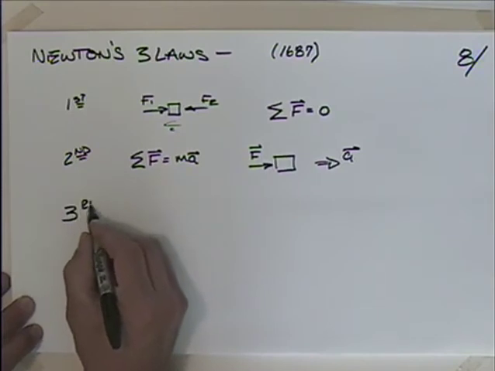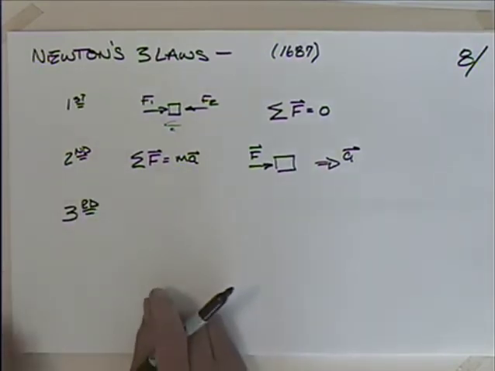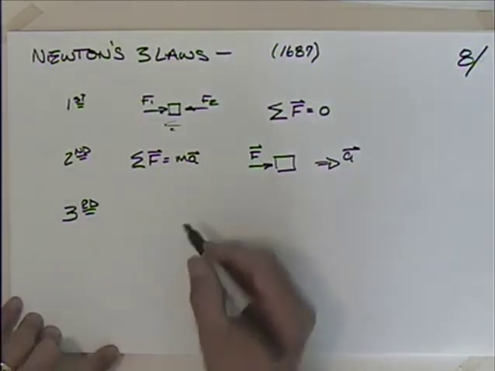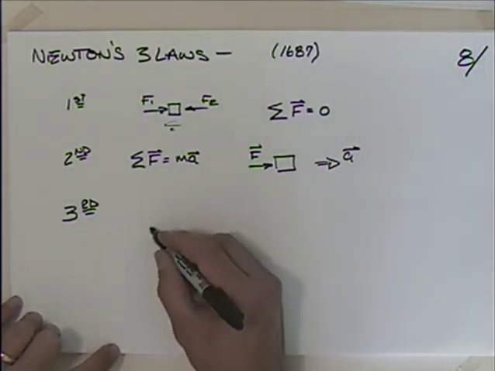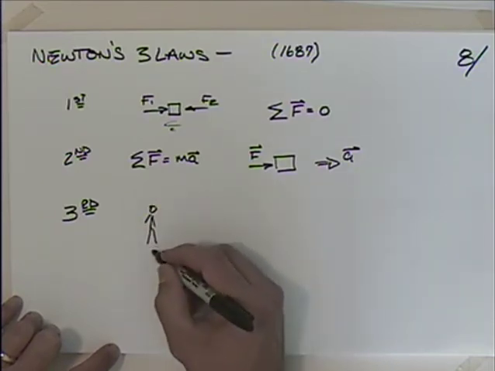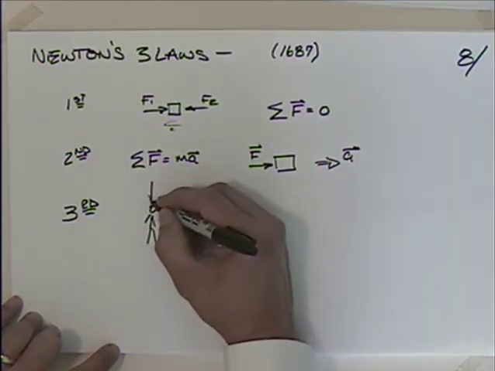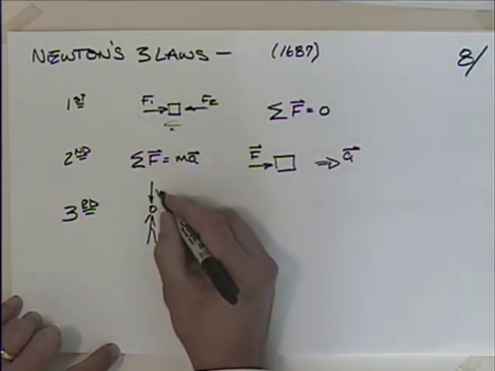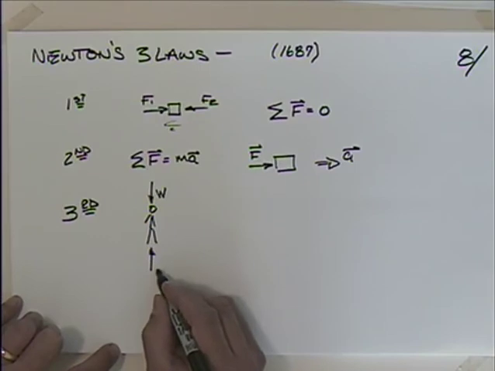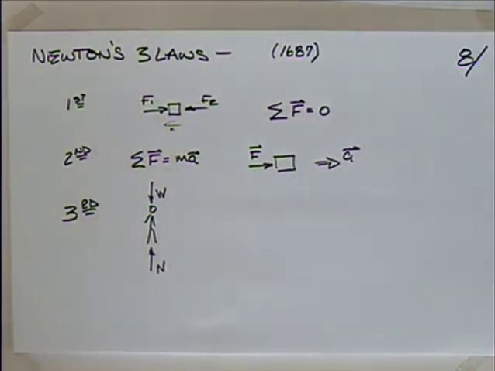Then the third law, and your author has a nice statement of that, is that the mutual forces of action and reaction between two particles are equal, opposite, and collinear. So if we look at you standing or sitting, people are pretty comfortable with your force acting down, but they don't necessarily like to think about the other force acting up, this normal force pushing up.